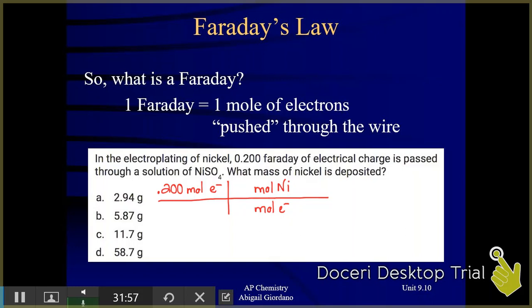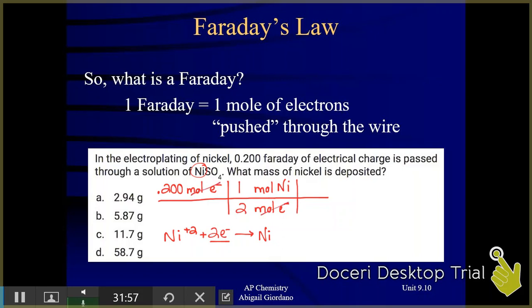Okay, now what goes where? Remember, think about the half reaction. Nickel is coming from a +2 charge, and we're going to be creating nickel metal. So what would fill in the blank there? 2 moles of electrons. So for every 1 mole of nickel, 2 moles of electrons will be pushed through the wire.